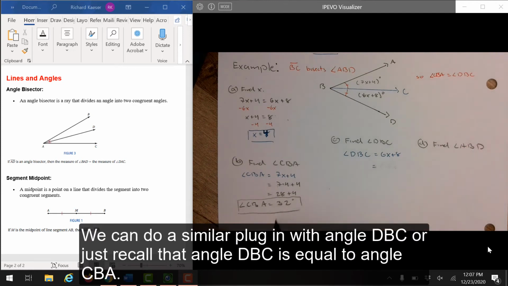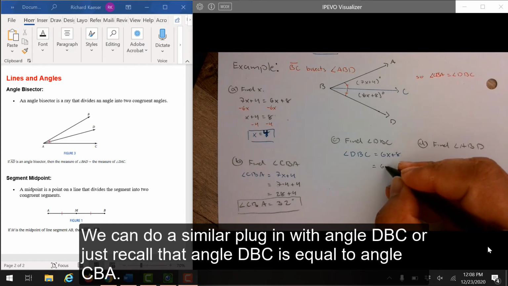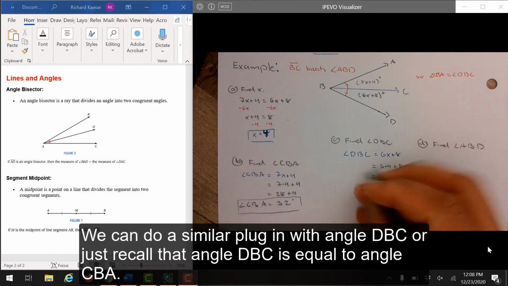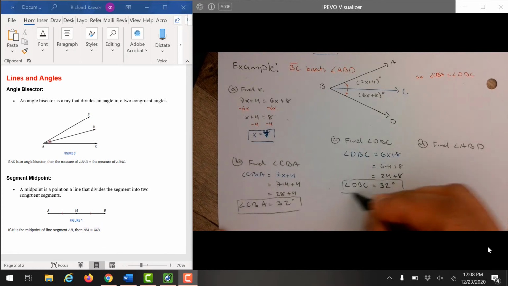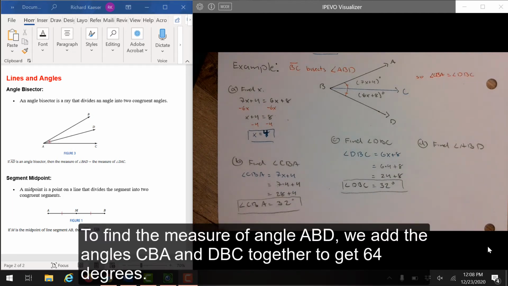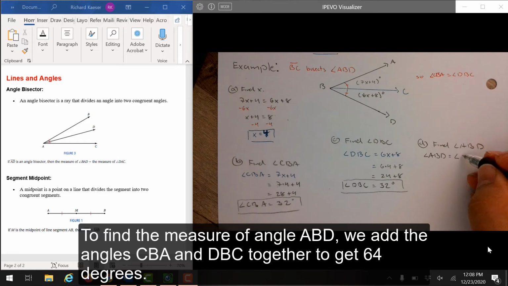We can do a similar plug-in with angle DBC, or just recall that angle DBC is equal to angle CBA. To find the measure of angle ABD, we add the angles CBA and DBC together to get 64 degrees.